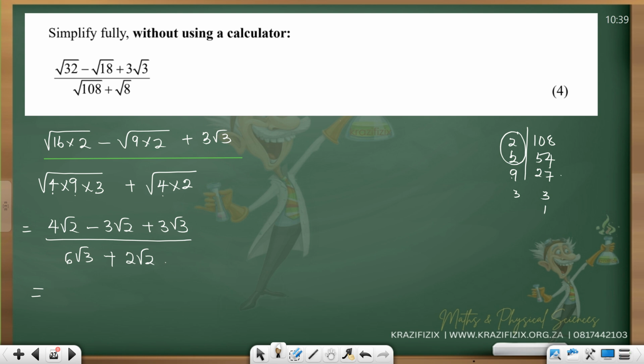We are trying to simplify. What is 4 minus 3? That's 1. So that is root 2 plus 3 root 3 over 6 root 3. Now the numbers are smaller. Did that make sense to us so far? The numbers are now smaller.